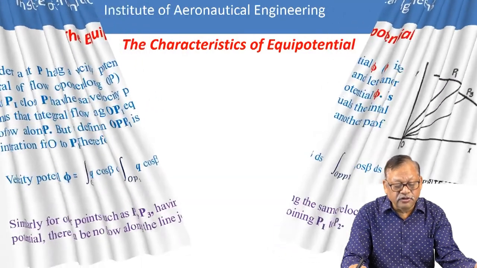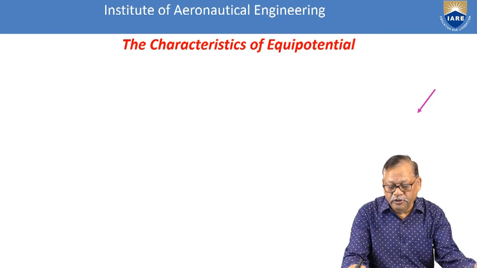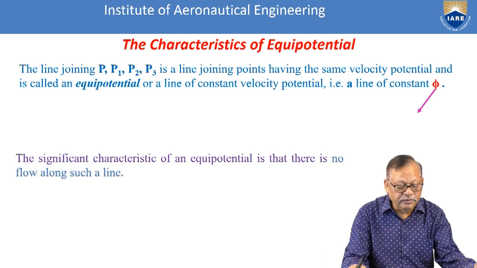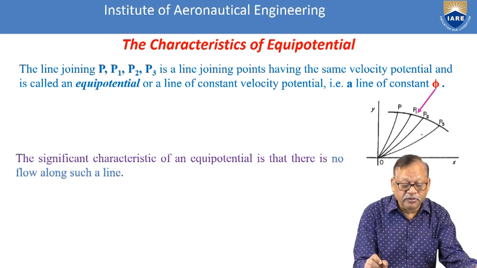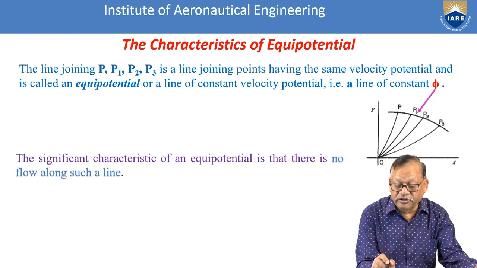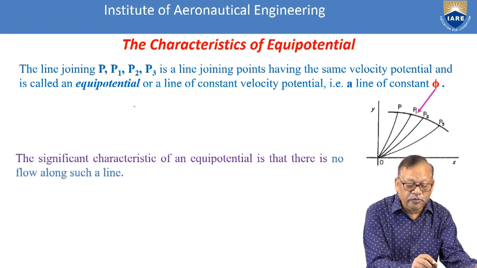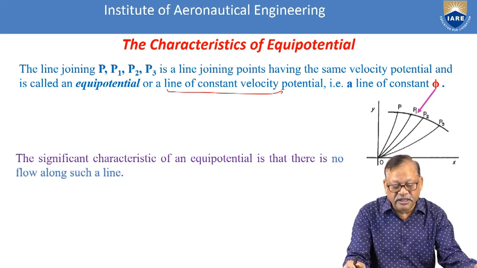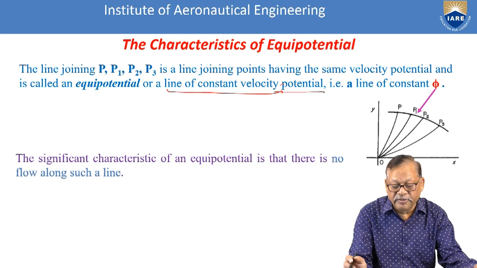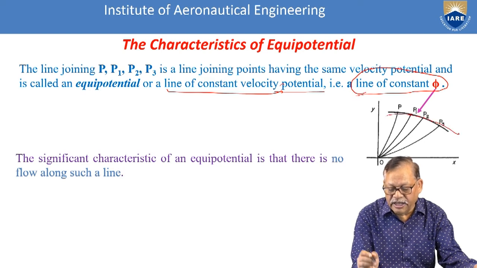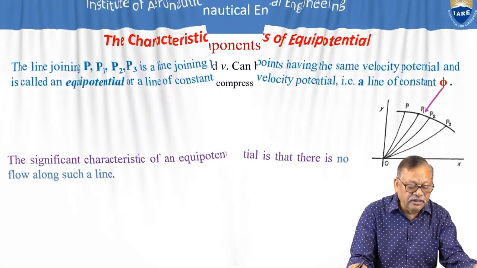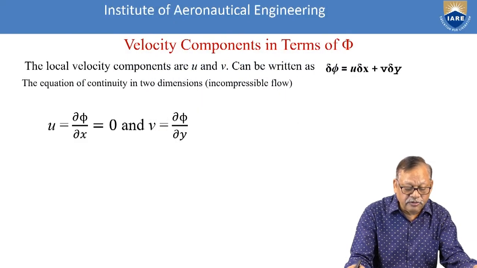What are the characteristics of the equipotential line? The line joining P, P1, P2, P3 having the same velocity potential is called the equipotential line, or the line of constant phi.